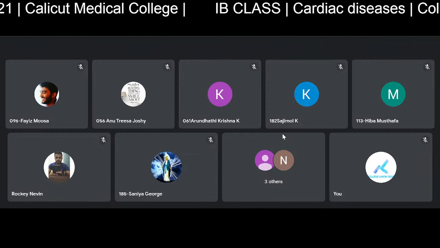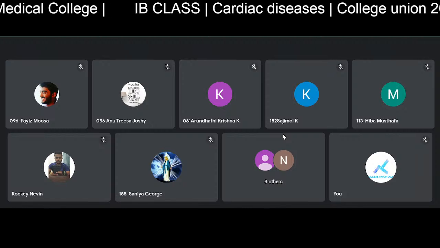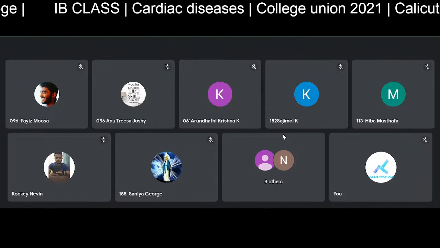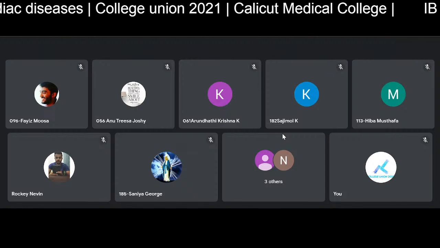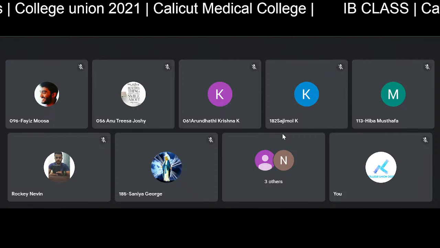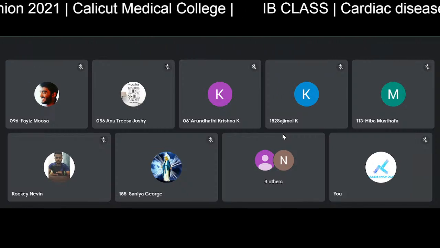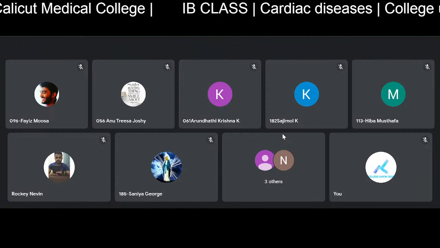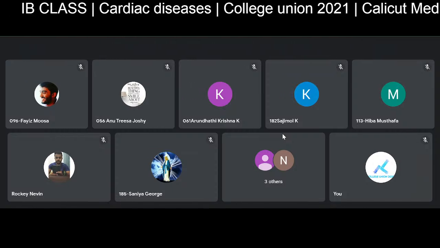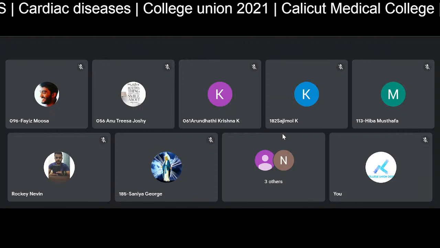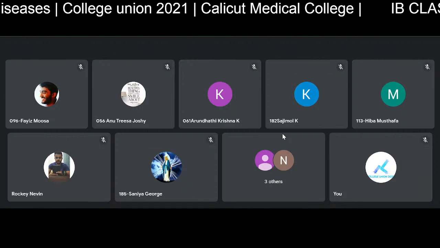The patient usually presents with features of cardiac failure, otherwise called the broken heart syndrome. Because of intense emotional stress, sympathetic activation can happen, and there is a catecholamine release, and this catecholamine release damages the heart, resulting in apical ballooning, and this produces this peculiar type of cardiomyopathy. It's called the broken heart syndrome or Takotsubo cardiomyopathy.